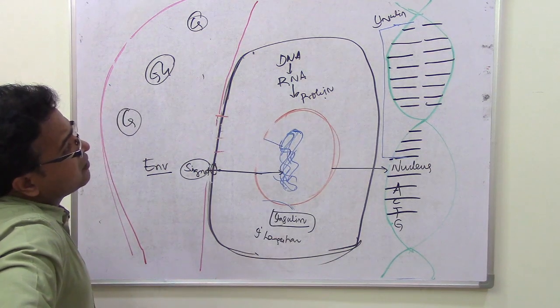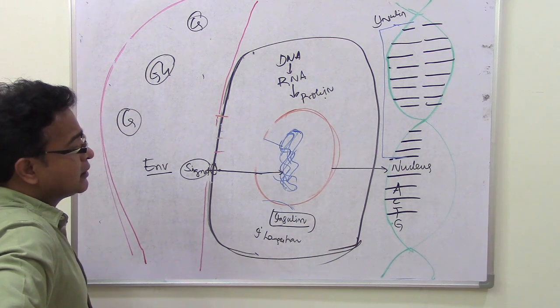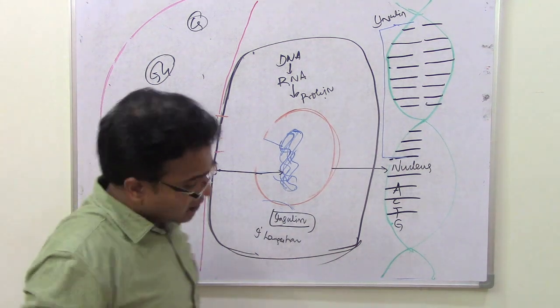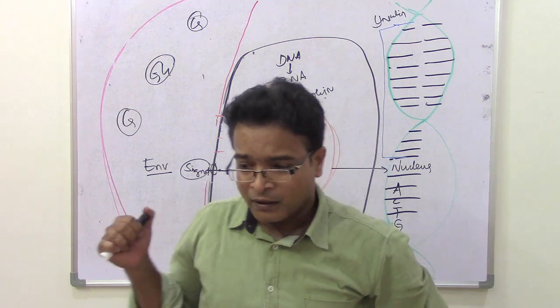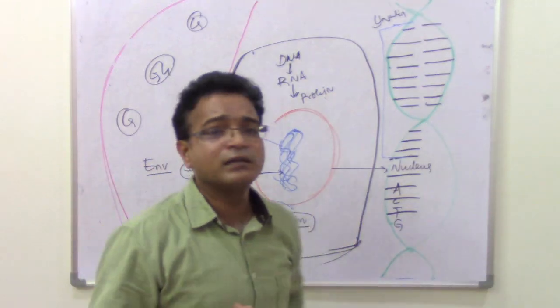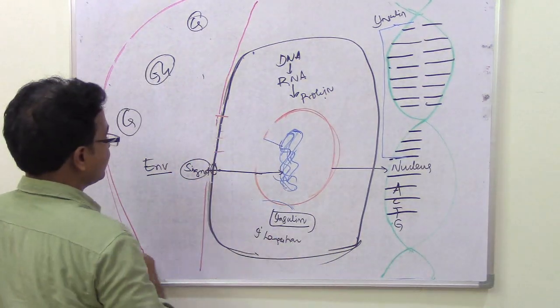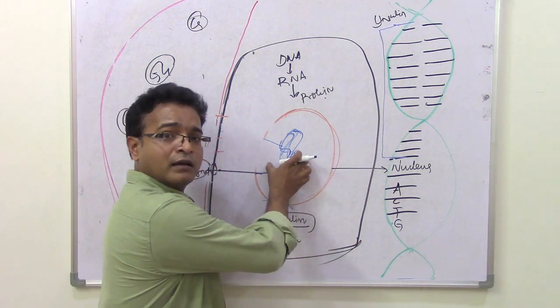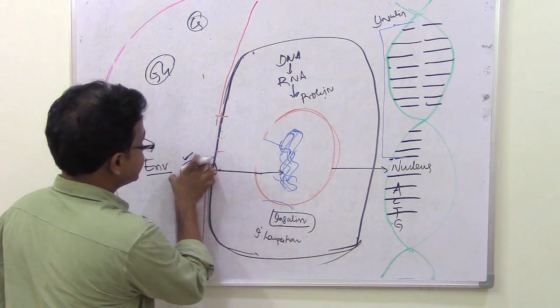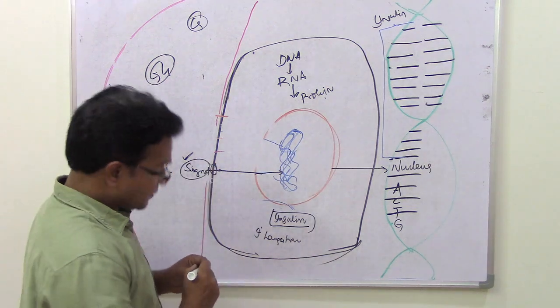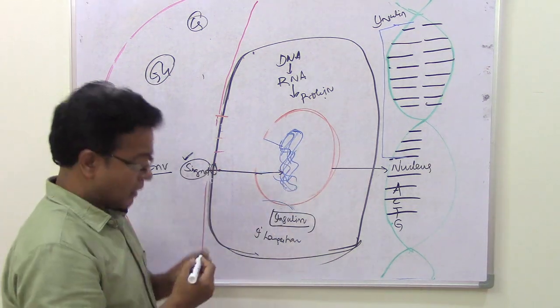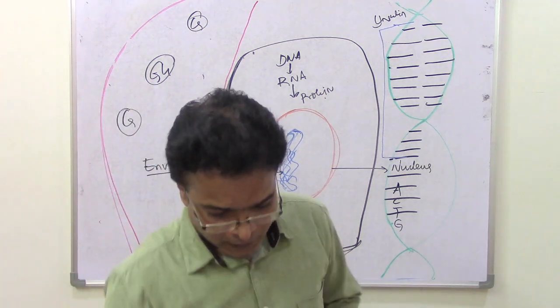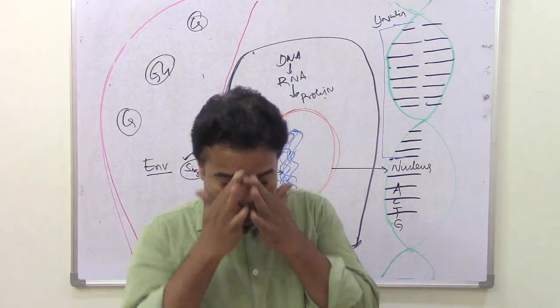Now, if the function of genes is to produce protein, it is not producing that protein without the help of a signal. It is a factory, right? It receives a signal to produce. So in other words, let's try to see this.